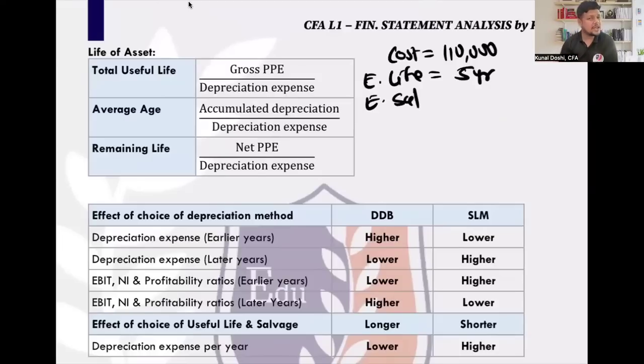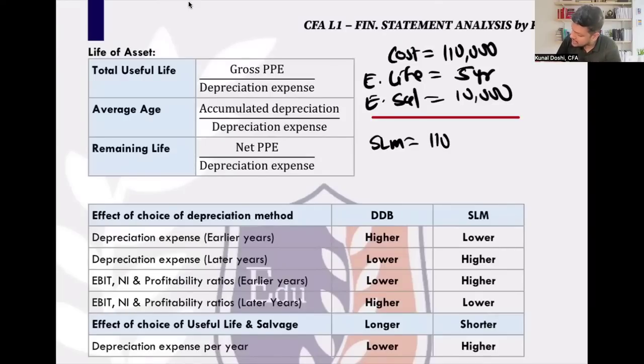It is the residual value that you get when you sell the asset. Imagine it is 10,000. So how will I calculate my SLM depreciation, everyone in the class? My SLM depreciation will be cost minus salvage over estimated life. So 110 minus 10 over 5. This is going to be how much? 20,000 will be my depreciation per year. Everyone with me in the class?